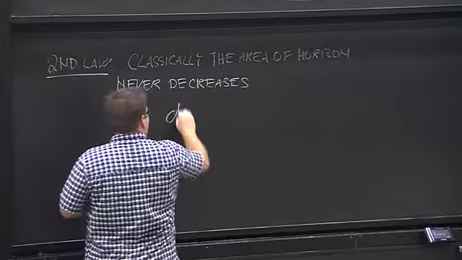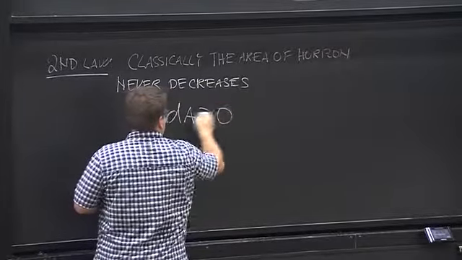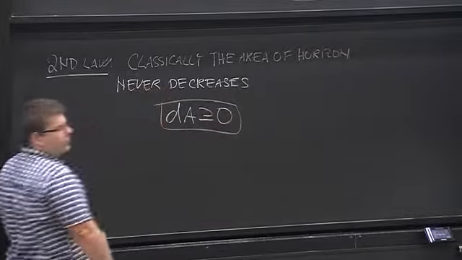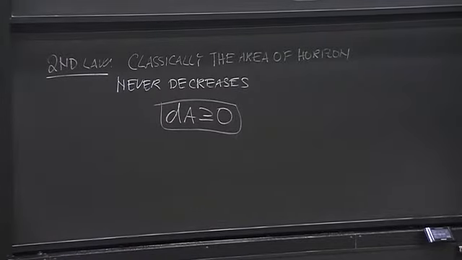That means dA is always bigger than or equal to 0. So the black hole can only get bigger, but it can never get smaller.